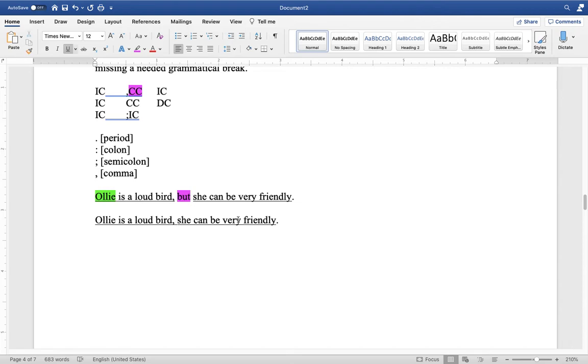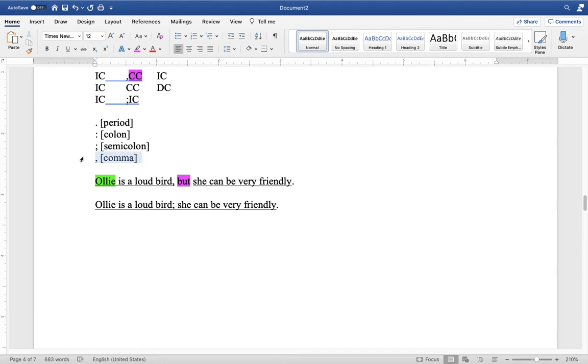Because now you're splicing these two independent clauses with a comma, and you can see that now Word is underlining that bird because the punctuation is wrong. Because that's incorrect. When we have that semicolon, it's correct. So the comma is wrong because it's not the level of stoppage we need. We need that semicolon because there's no coordinating conjunction there. You can add a coordinating conjunction there, but that's just wordy and you don't necessarily need it.